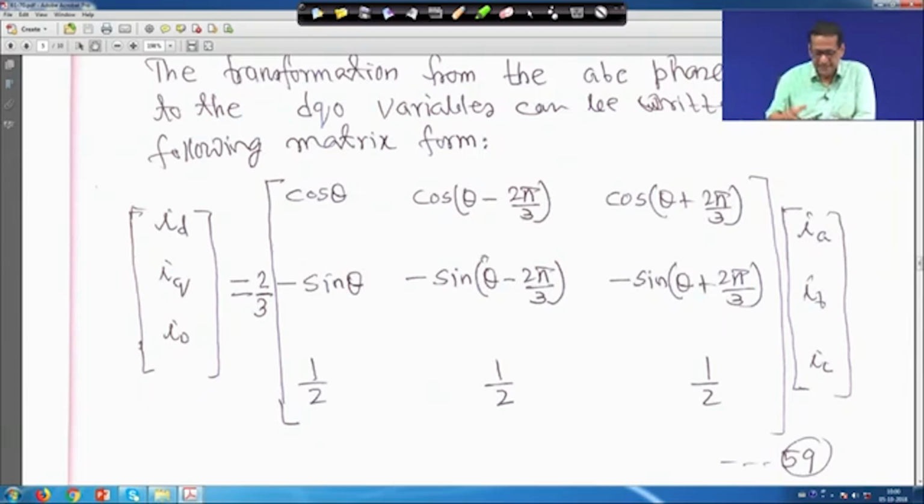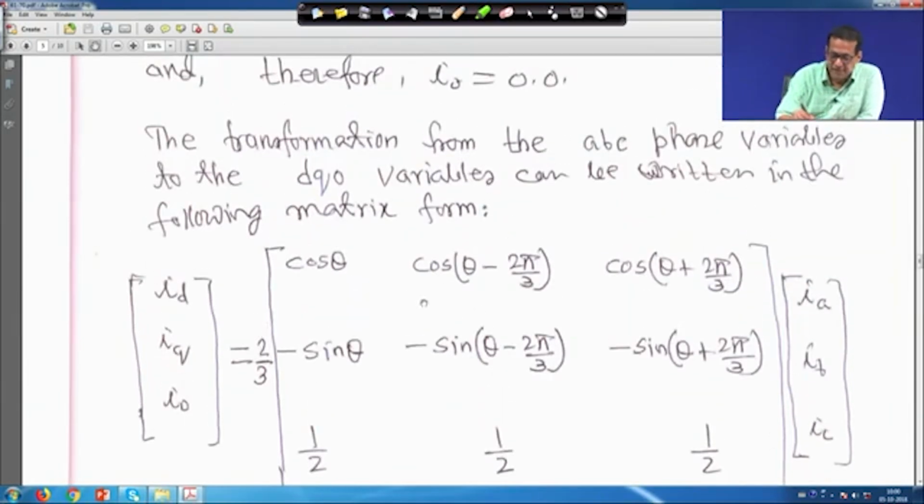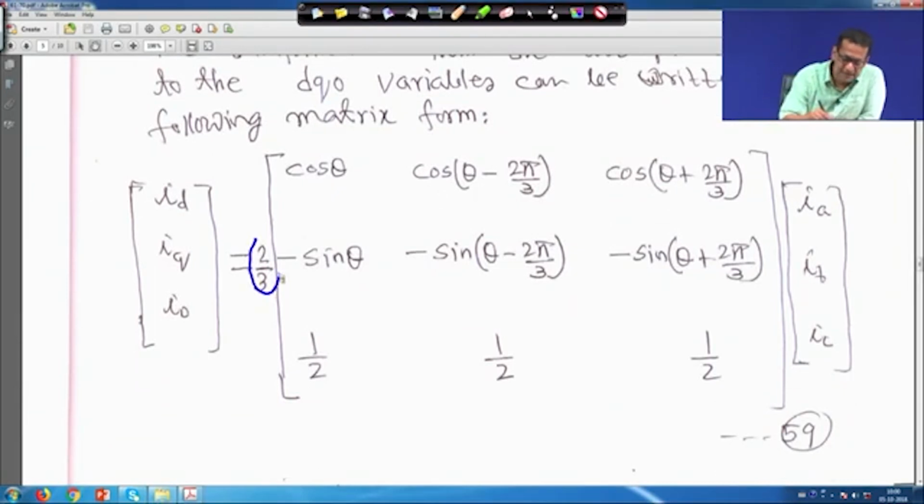Id is equal to 2 by 3 multiplied by this matrix: the first row cos theta, cos(theta minus 2 pi by 3), cos(theta plus 2 pi by 3); the second row minus sin theta, minus sin(theta minus 2 pi by 3), minus sin(theta plus 2 pi by 3); and the third row half, half, half.